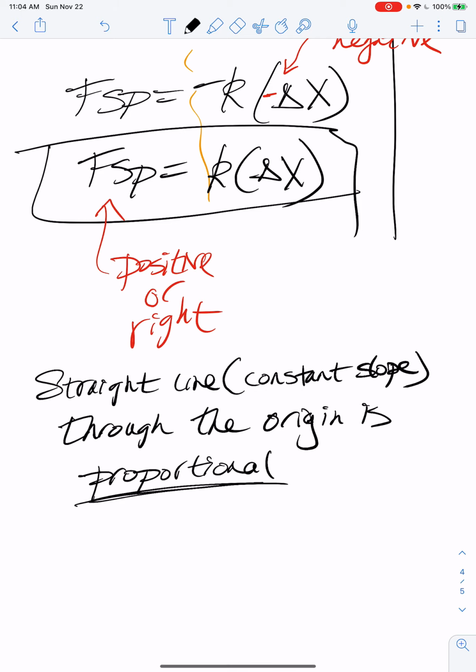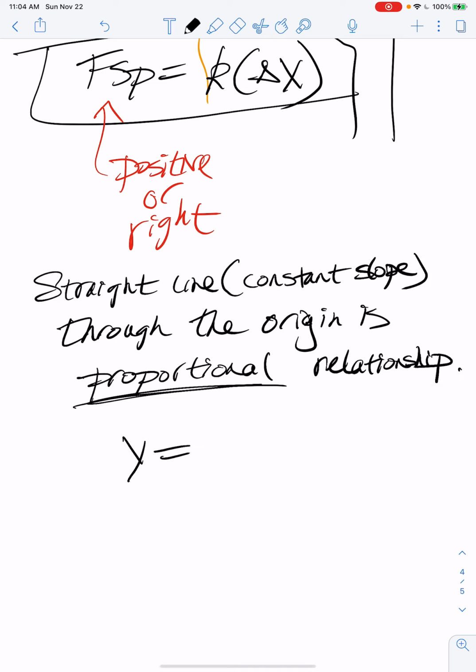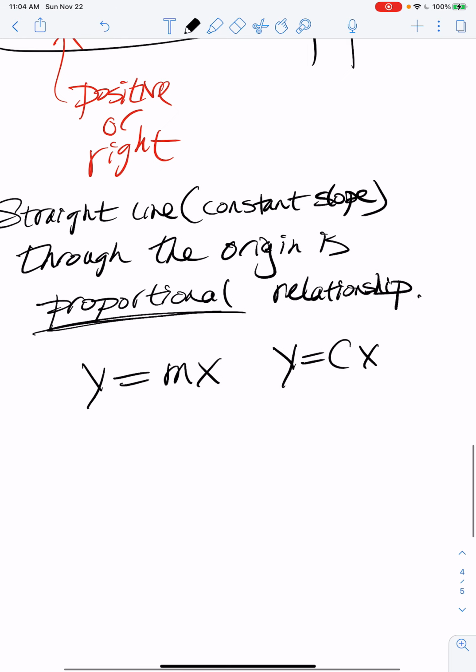And when we have this proportional relationship, what we're saying is that y is equal to mx. This is a proportional relationship. You can think of this as being the same as y equals cx, where c is the proportionality constant.